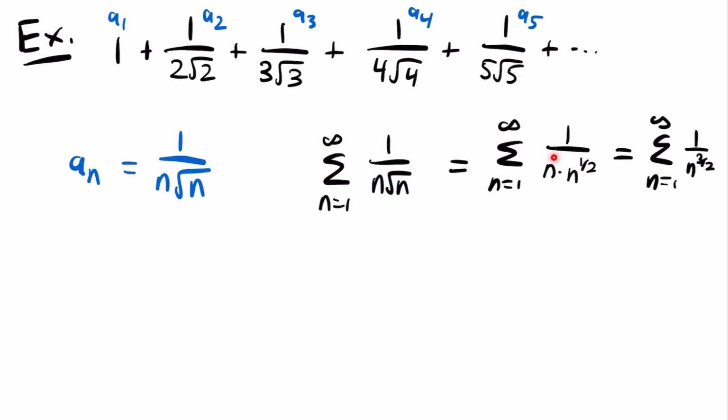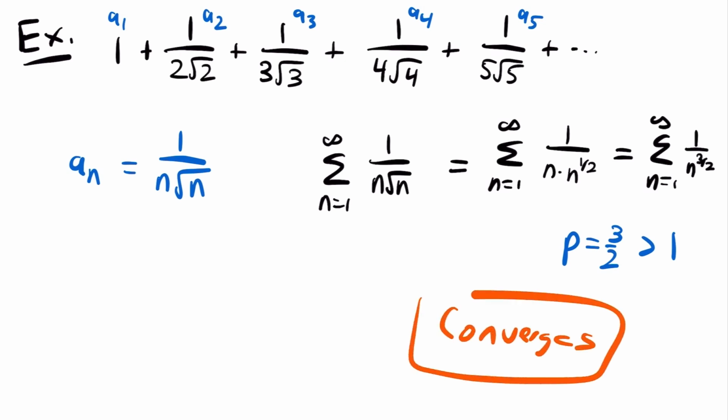Okay, so we just added 1 and 1/2 to get 3/2. And so now we have a p-series where the value of p is 3/2. So if p is equal to 3/2, and that is greater than 1, right, because 2/2 is equal to 1, 2 divided by 2 is 1, and so we can say that since that value of p is greater than 1, our series converges.